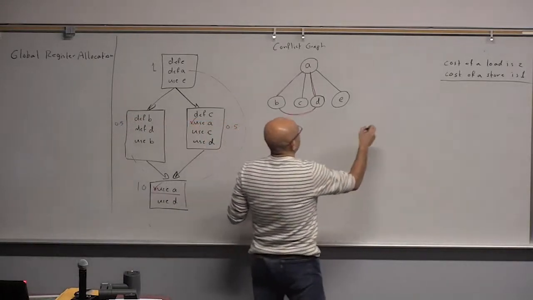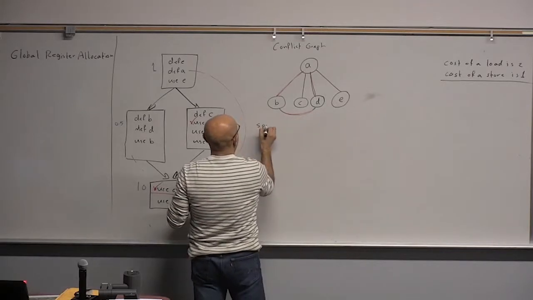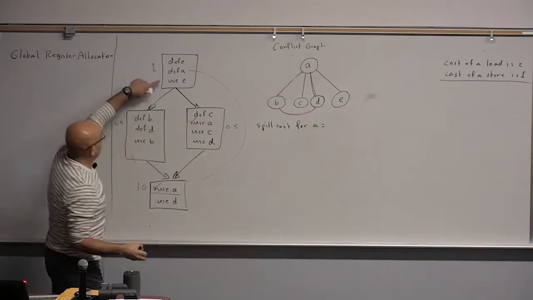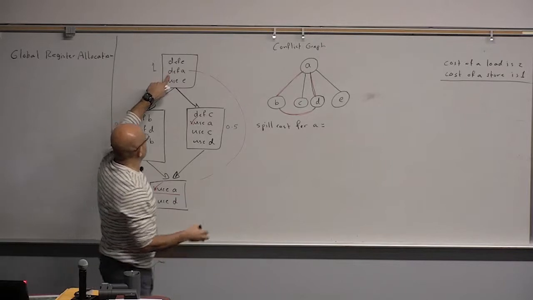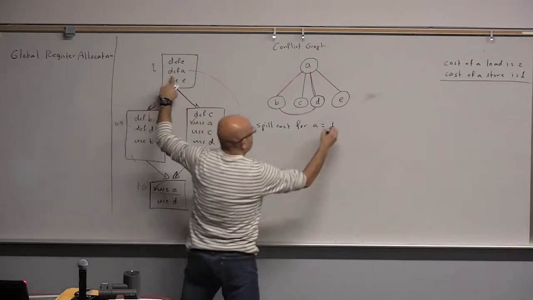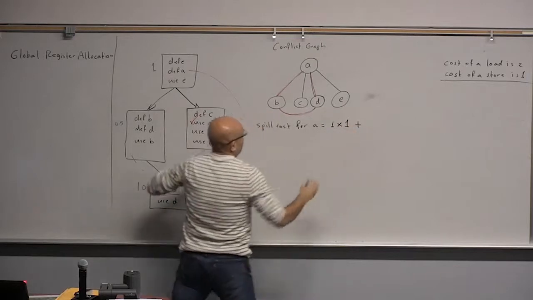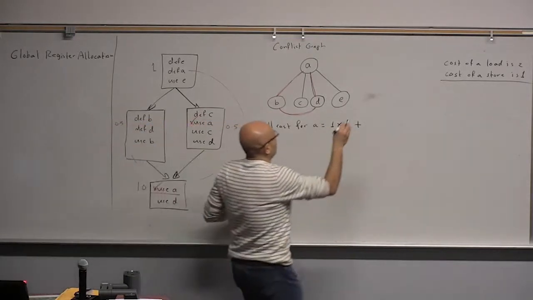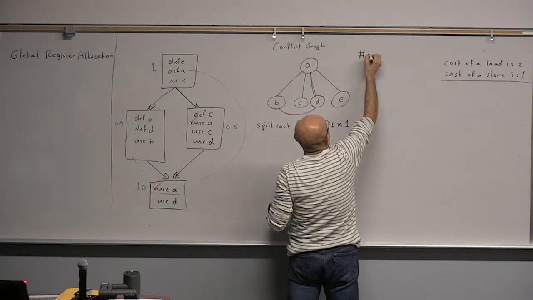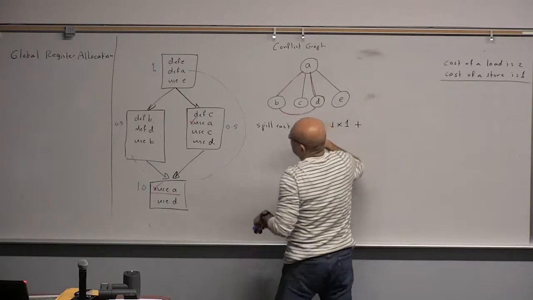So the spill cost for A is going to equal this. We will have to insert a store. So it's going to be 1, cost of a store, times there is only one definition of A, times 1. So for each block we multiply the number of definitions. Let's write it here.